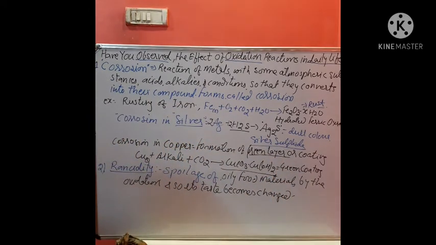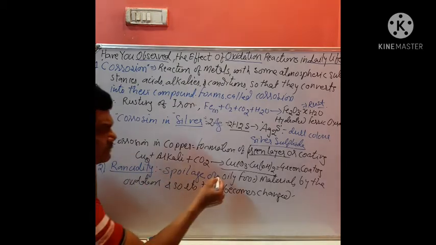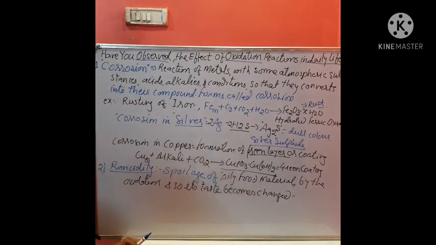This process is known as what? Rancidity. That is simply spoiling of food material, especially which food material? Oily food materials. Getting? Like samosa, pakoda, wrappers, etc. We are using it now, dosa, etc., idli. So its taste becomes changed. This process is known as rancidity.